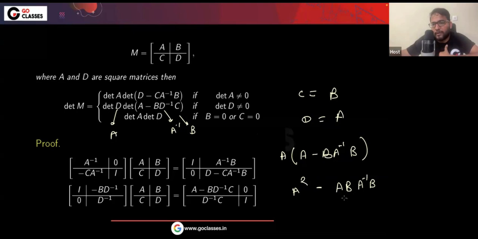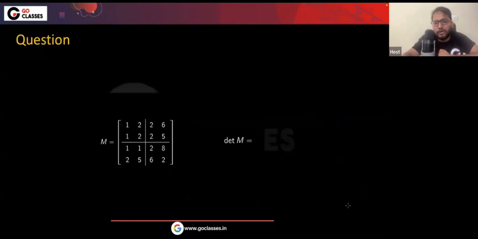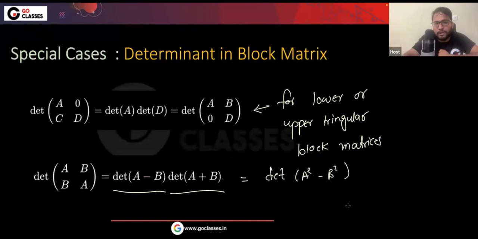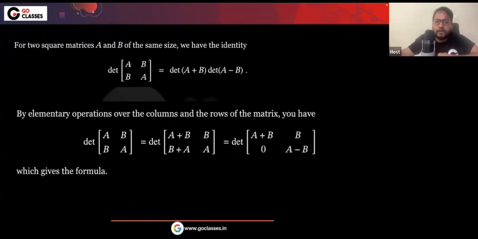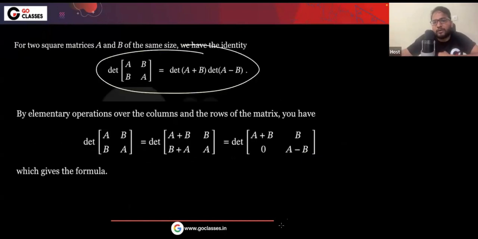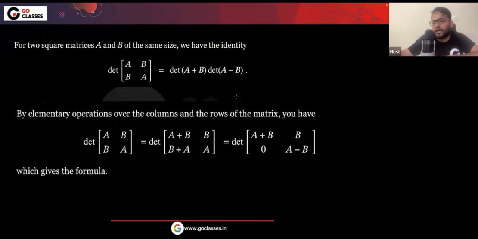So if A and B commute, then it is okay. But even if they don't commute, the final answer will be the same. Actually, there is one more proof, so let me tell you the easier one. We want to prove this, right? If you put those values in the general case, you will get the same thing.